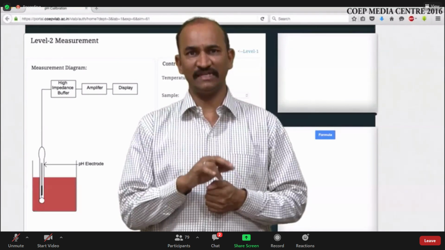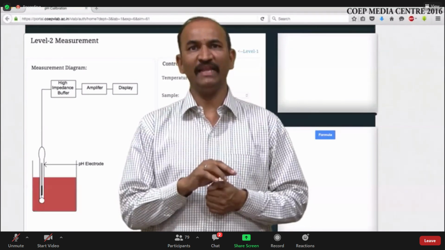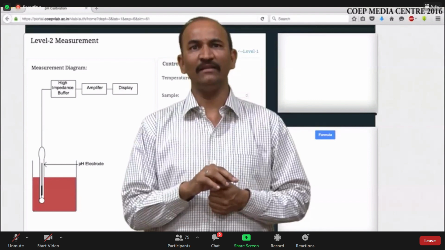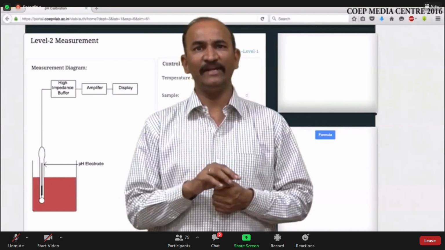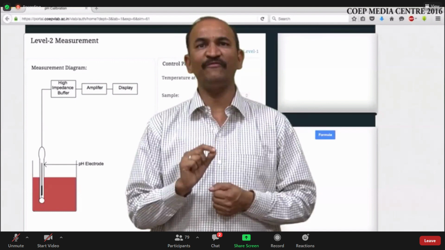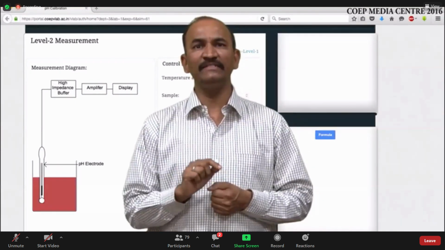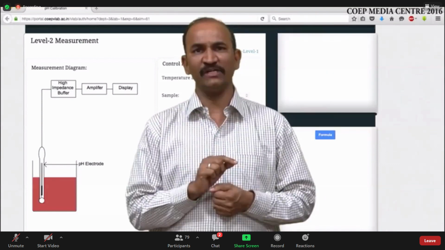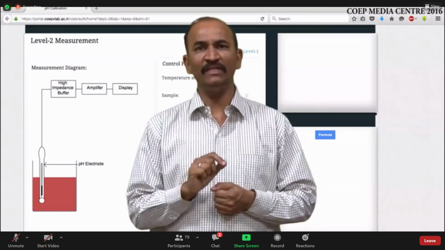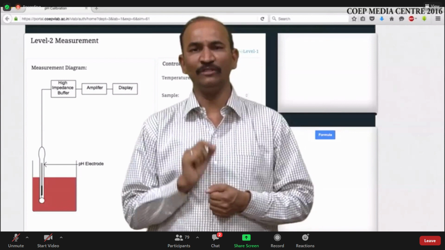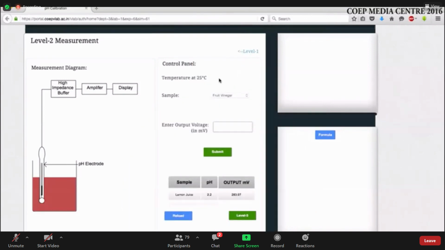So in summary, in level 1 we calibrated the pH sensor. In level 2, measured the pH value of a sample at 25 degrees Celsius, and in level 3 we found that if there is a change in temperature of the sample, what would be the output in millivolt. This is how all the 3 aspects of this experiment can be carried out.